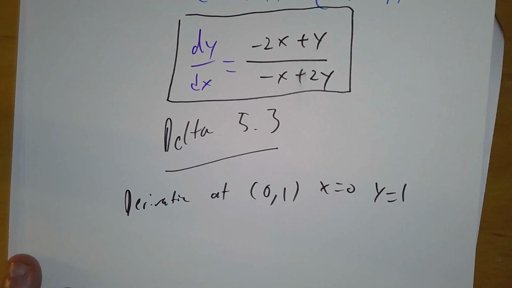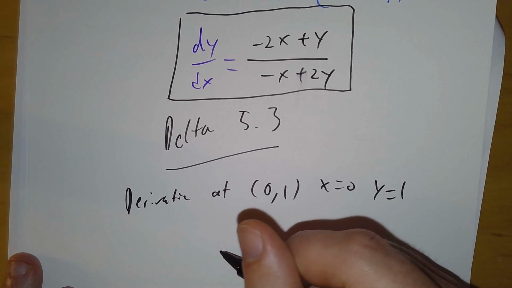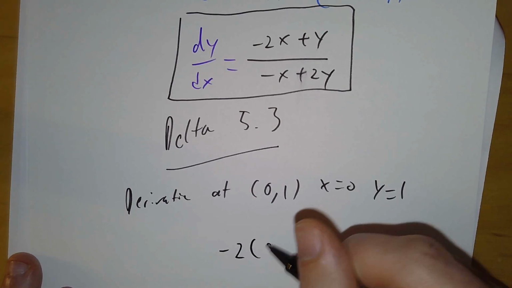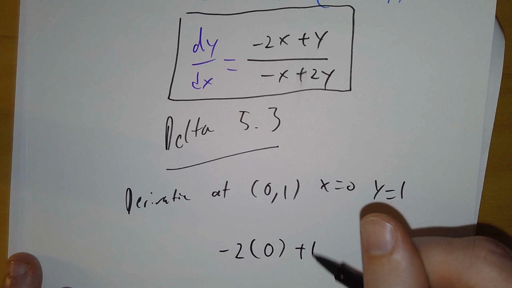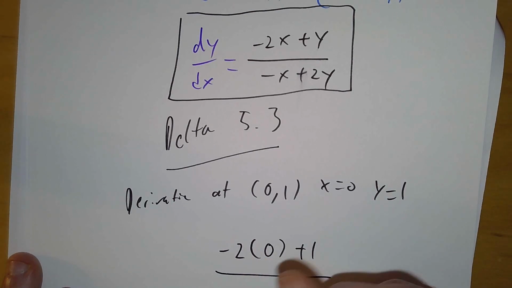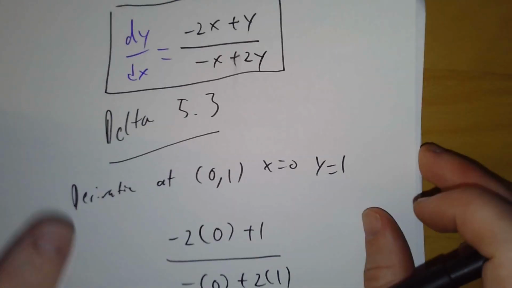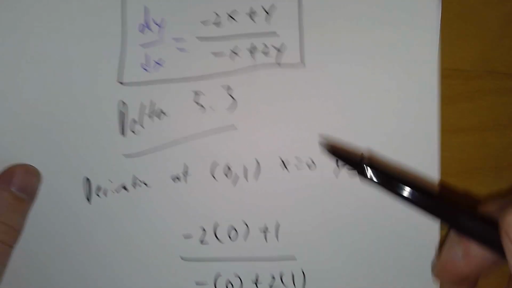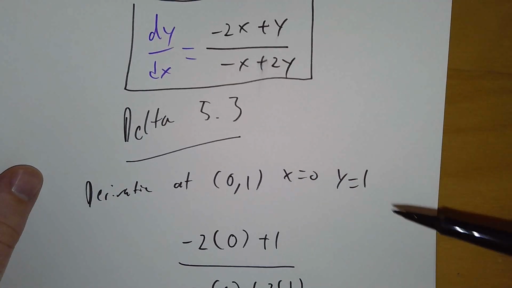You follow me? So it's going to be -2 times 0, plus 1 over -0 plus 2 times 1. I just subbed in everything: for x, 0, for y, 1.